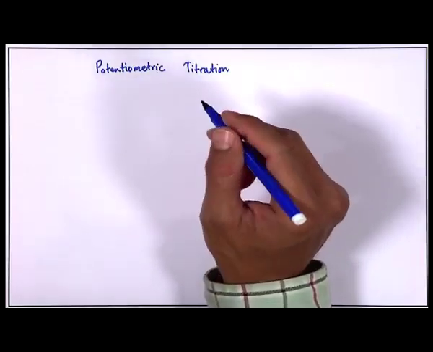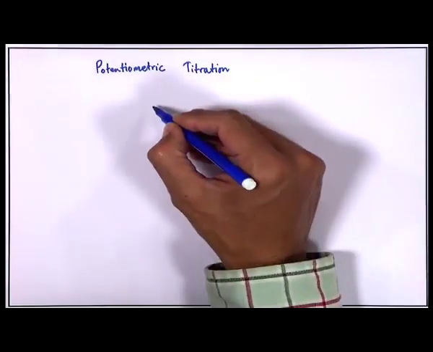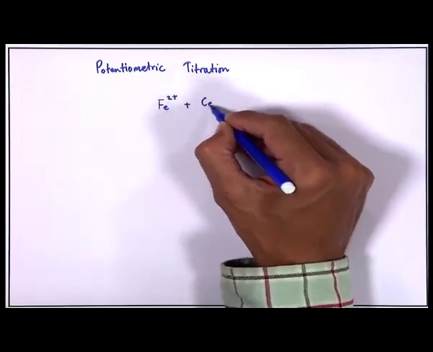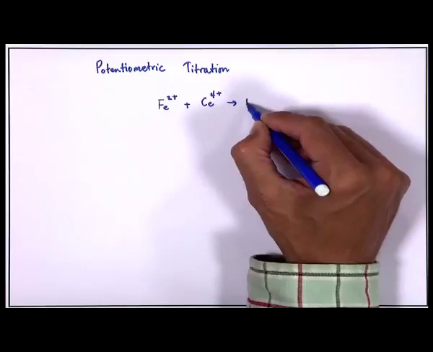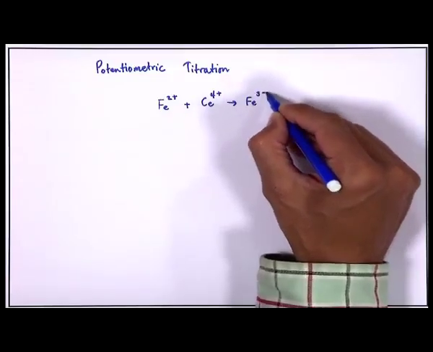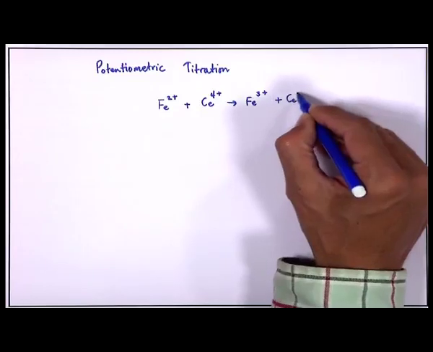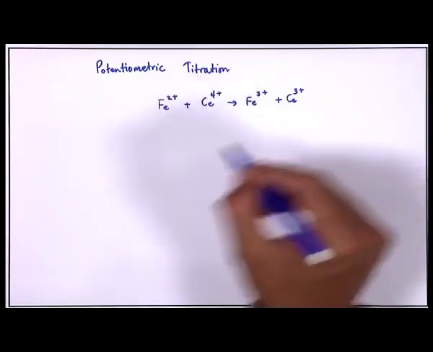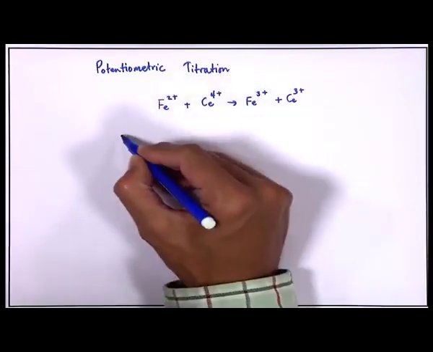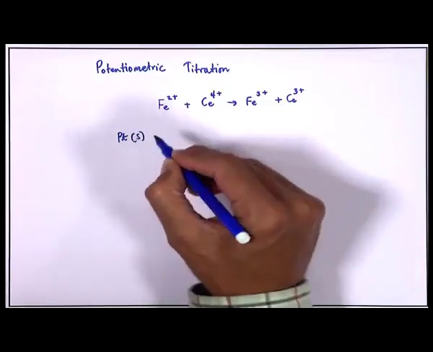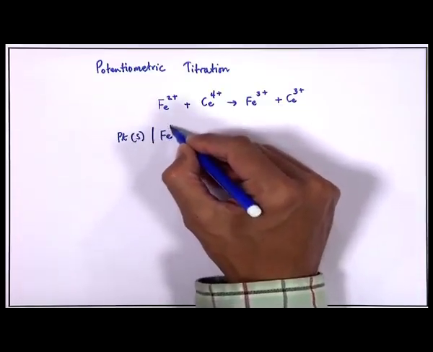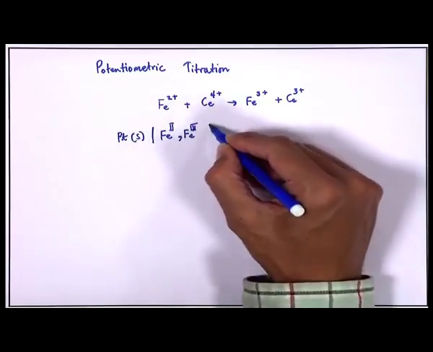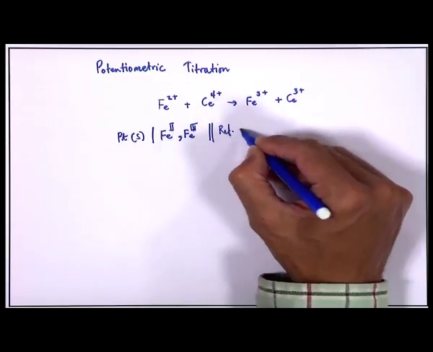Okay. We can follow a reaction like this, say Fe2+ plus Ce4+ gives you Fe3+ plus Ce3+, the ceric-cerous system. The corresponding constructed cell could be like this: Pt solid, Fe2+, Fe3+, because it will be a mixture of Fe2+ and Fe3+, then a reference electrode.